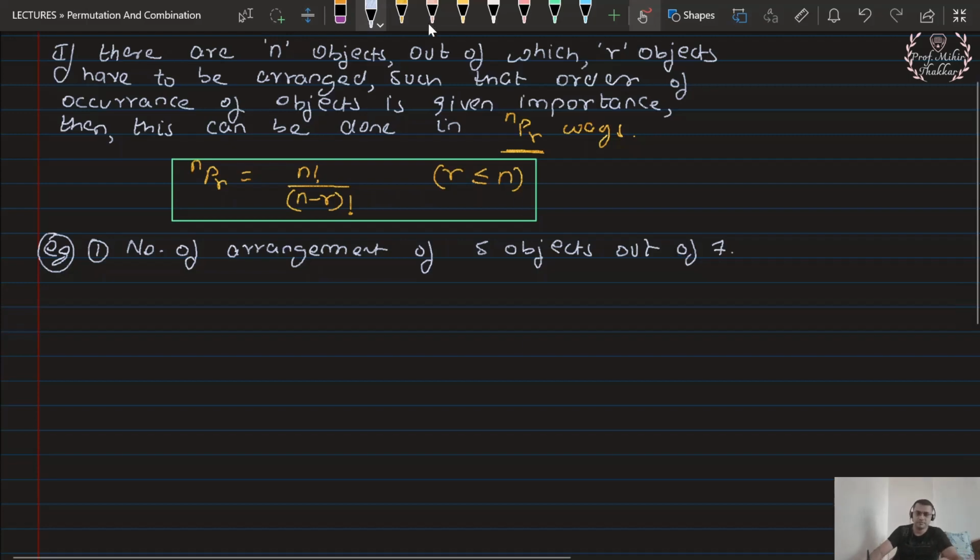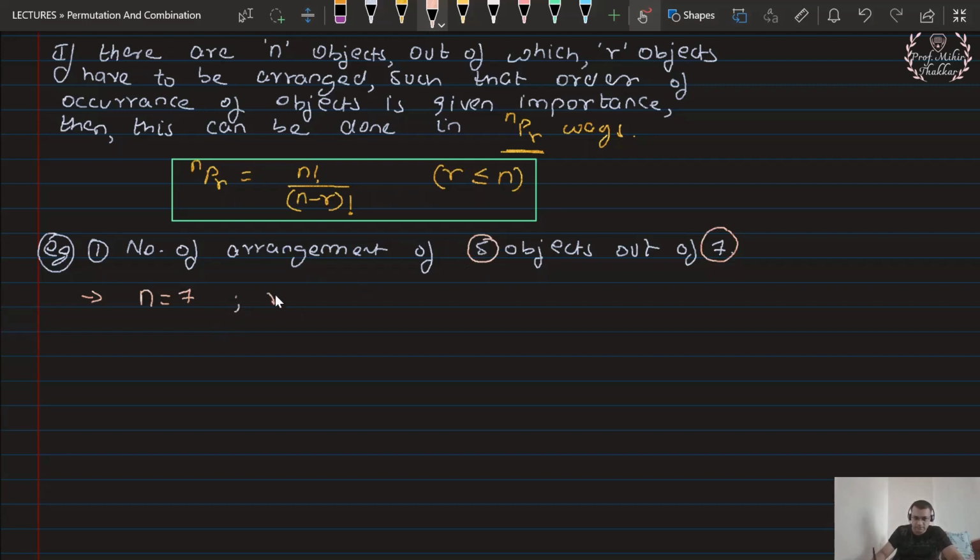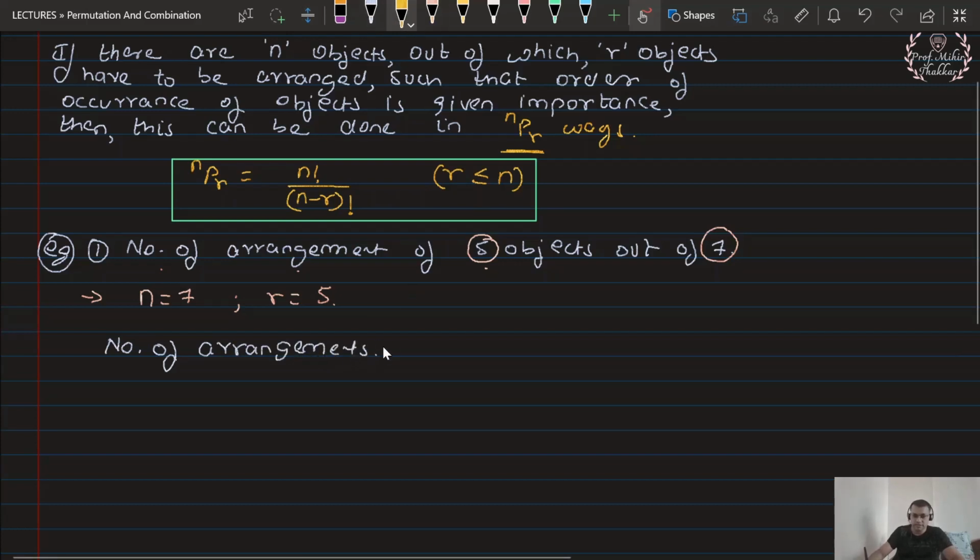It is very easy. This is the total number of objects, so this is your value of n. This is the number of objects to be arranged, so that is the value of r. So number of arrangements of 5 objects out of 7, this can be done in number of arrangements, or the question can tell number of permutations, because just now I told you permutation is nothing but the arrangement.